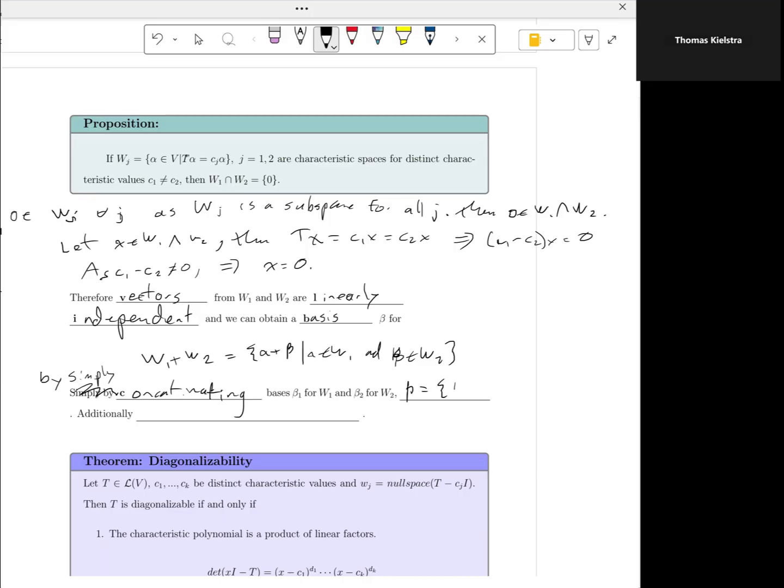Beta is going to equal the set beta 1, beta 2, the concatenation of beta 1 and beta 2. Additionally, the dimension of W1 plus W2 equals the dimension of W1 plus the dimension of W2. This is a direct sum.